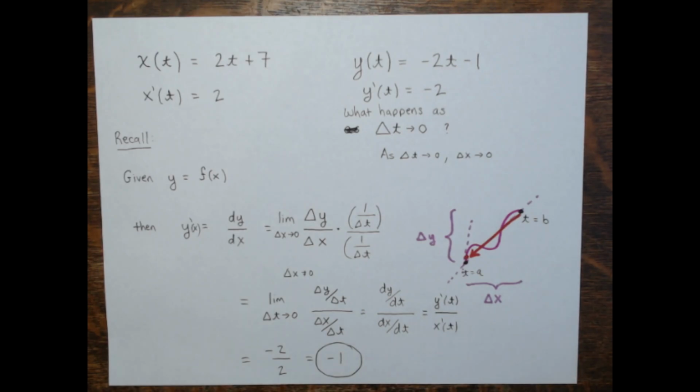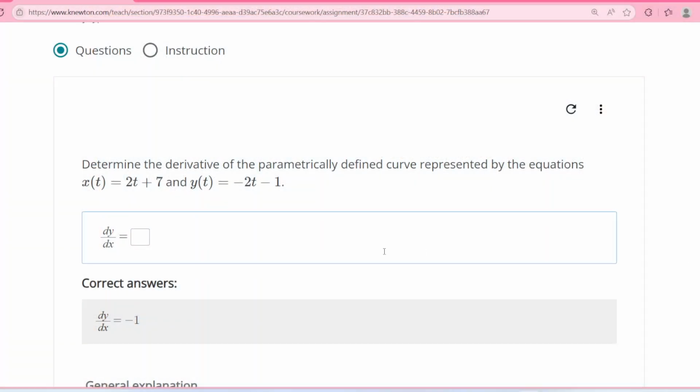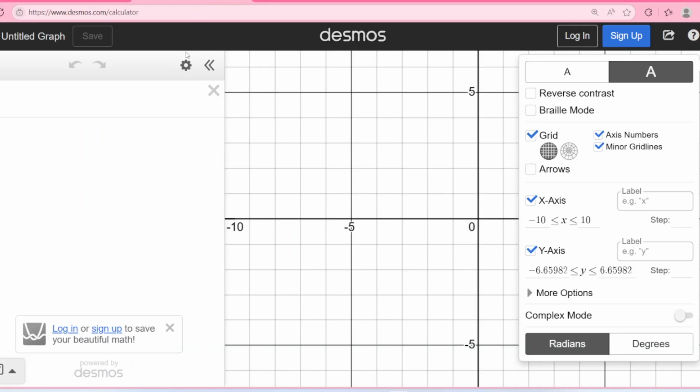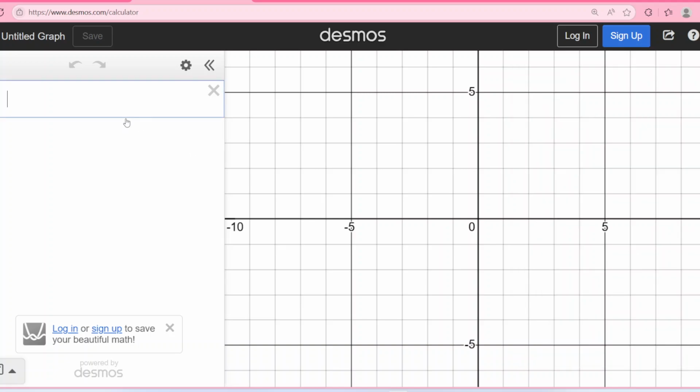So let me go back to the website. Now you can see that that is the correct answer, dy over dx is negative 1. And let's just verify this with a picture. All right, so I'm going to go to desmos.com. This is a free online graphing calculator site. And I'm going to enter the parametric equations that were given to us.